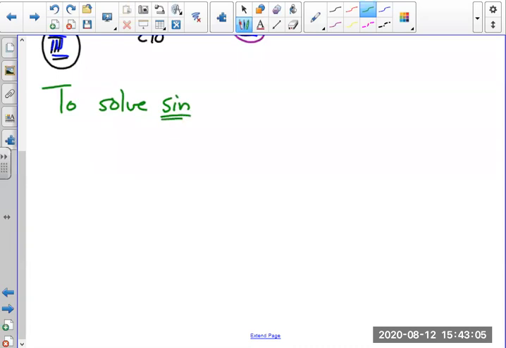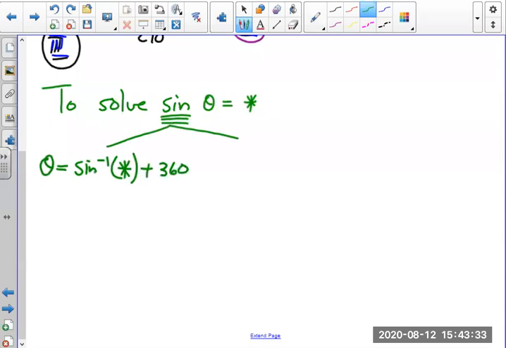So if you have to solve sine. Say sine theta is equal to, and I'm going to put a little star there, because it doesn't matter what the answer is. Positive, negative, it doesn't matter. You make your two legs and you say theta is equal to shift sine of that answer plus 360k, where k is an element of z.